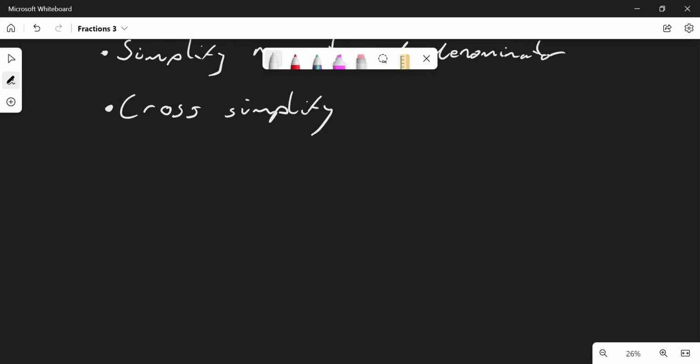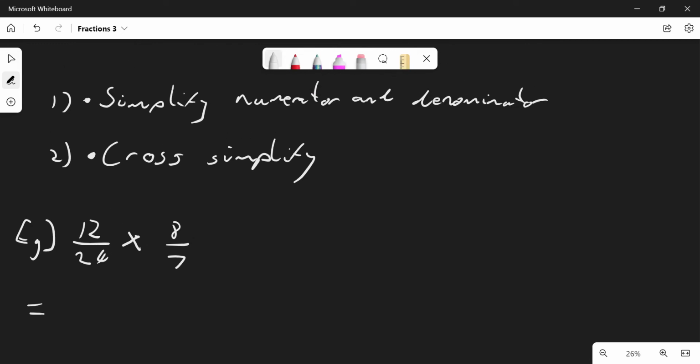This would be example 3. Let's go with our original 12 over 24, and this is multiplying 8 over 7. The first thing we try is to simplify top to bottom, that is, simplifying the numerator and the denominator.